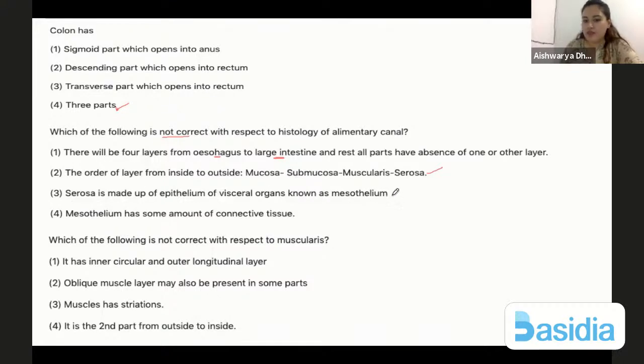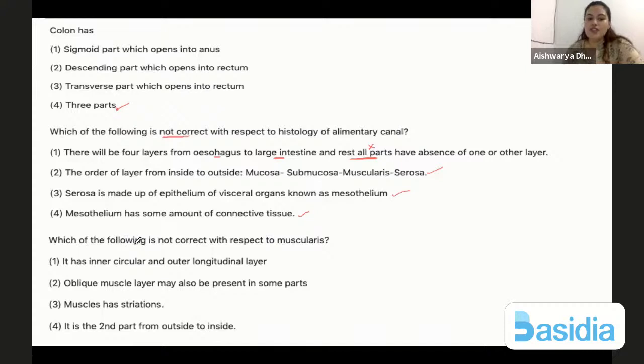Serosa is made up of mesothelium, and mesothelium has some amount of connective tissue. This is also correct. This rest all part is incorrect. All parts starting from the buccal cavity till the anal canal or the anus have the same layers present: serosa, muscularis, submucosa, and mucosa.